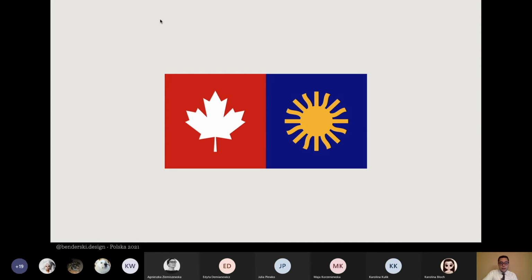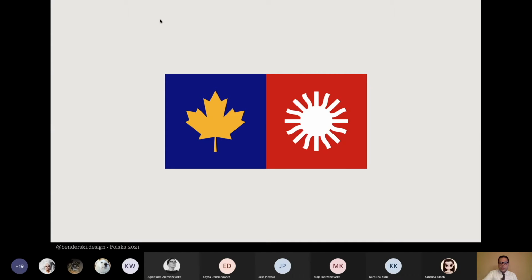Each of these symbols is now represented by the colors of their flag. So what if the colors are changed? In this way, I use this language of changing the colors in order to represent that something happened. If you used to see the leaf of Canada in red and you see it in yellow, you say, okay, this is something different.